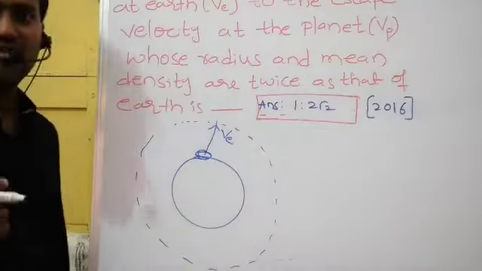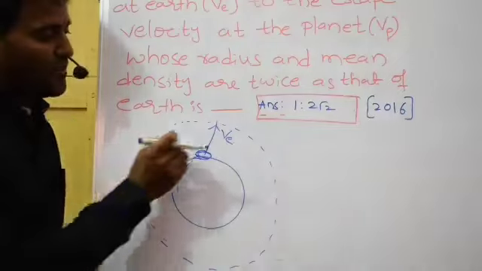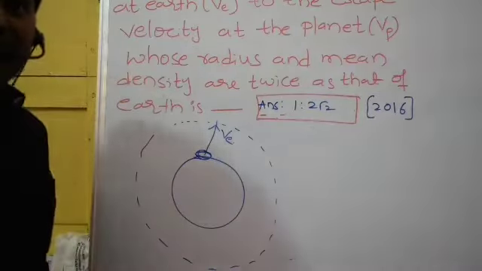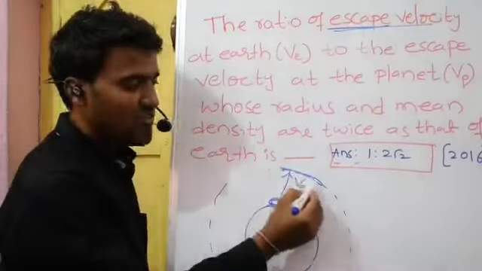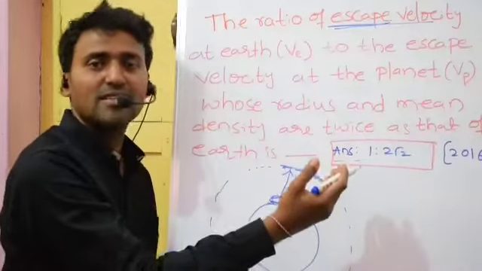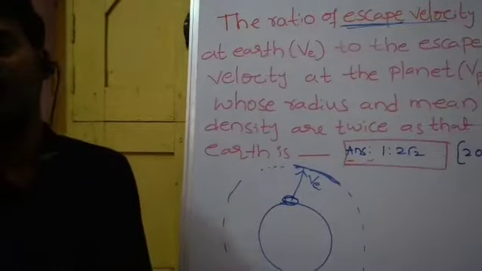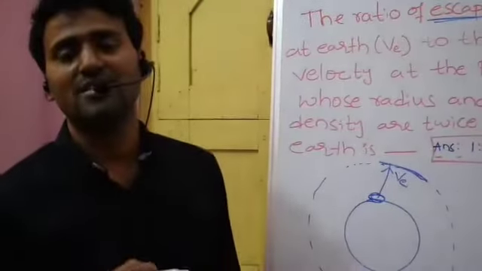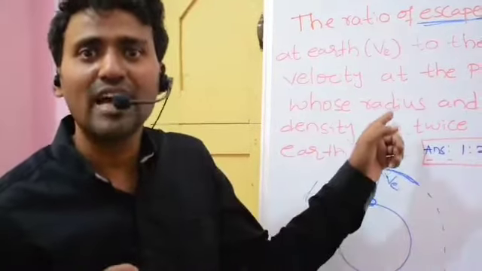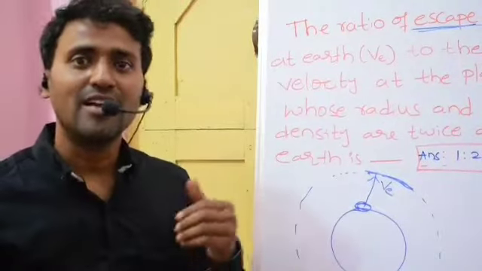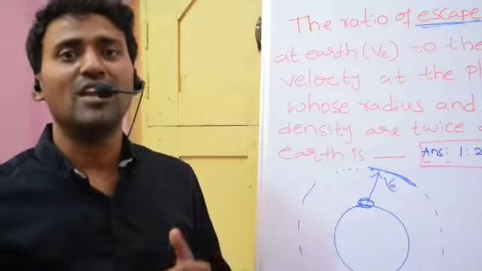If you project an object with a certain velocity and it escapes from the gravitational field, that velocity is what we call the escape velocity. It is the minimum velocity required for the object to escape the gravitational force under the influence of the gravitational field.